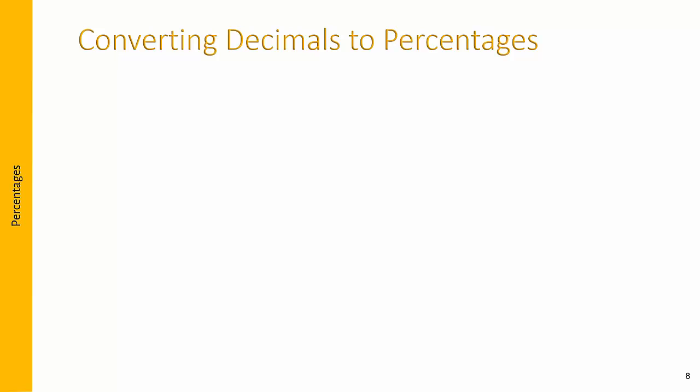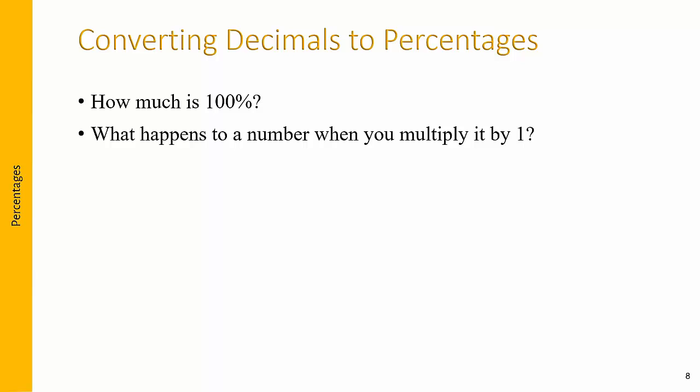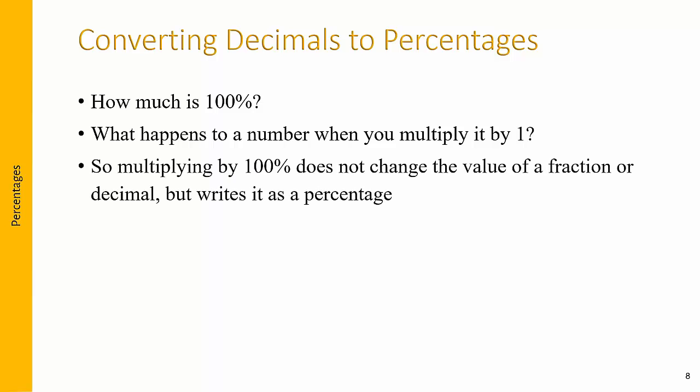Let's see how we convert a decimal to a percentage. How much is 100%? Well, that's equivalent to 1, and what happens when you multiply by 1? Nothing happens, the number stays the same, doesn't it? So we can multiply a number by 100% and we don't change the value of a fraction or a decimal or any number.